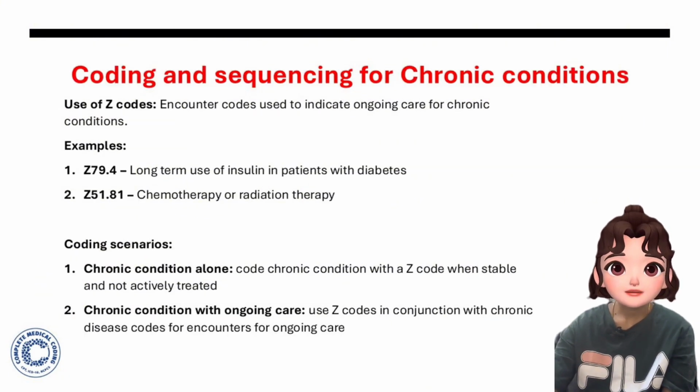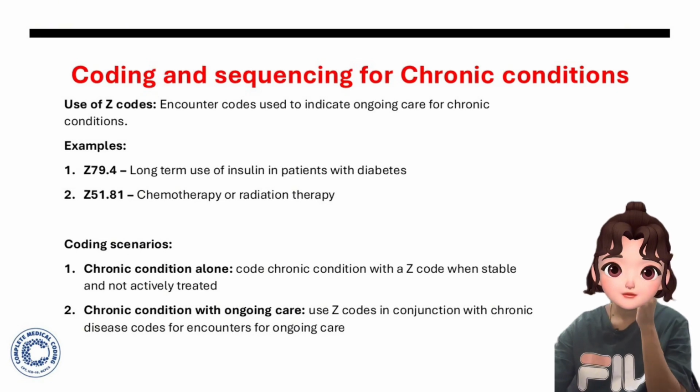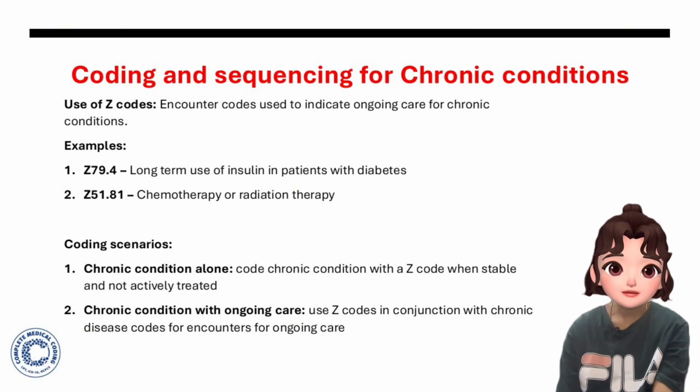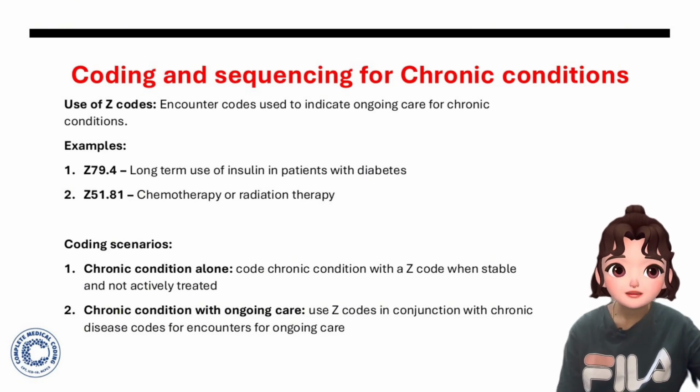Now, coding and sequencing for chronic conditions. Use of Z codes. Chronic conditions, how do we code? How to code Z codes? Z codes are usually encounter codes, right? Z codes are encounter codes used to indicate ongoing care for chronic conditions. For example, Z79.4, long-term use of insulin in patients with diabetes.